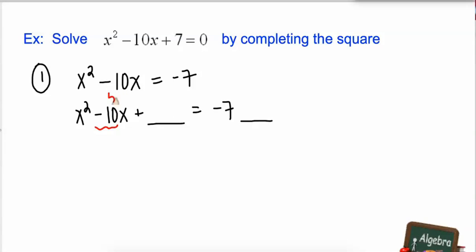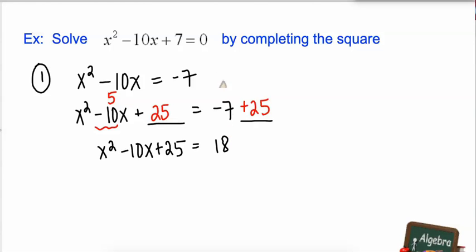Half of that is 5. 5 squared is 25. If I add 25 on the left-hand side of the equation, I need to add 25 on the right-hand side of the equation. That gives me x squared minus 10x plus 25 equals 18.